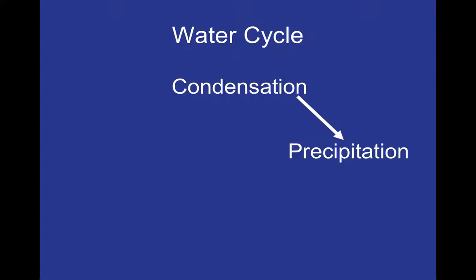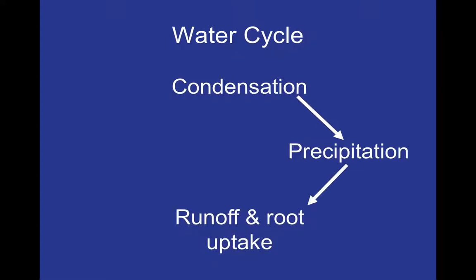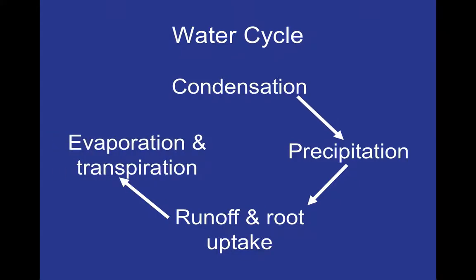The precipitation then leads to runoff, like along the land. Sometimes when we have too much runoff, we get things like flooding. We also have root uptake, which happens with plants, so taking in of the water into plants. That's one of the ways that it can actually move. And then to close the cycle, we need evaporation and transpiration. So evaporation happens from bodies of water like lakes and rivers, or even streams, or a puddle even.